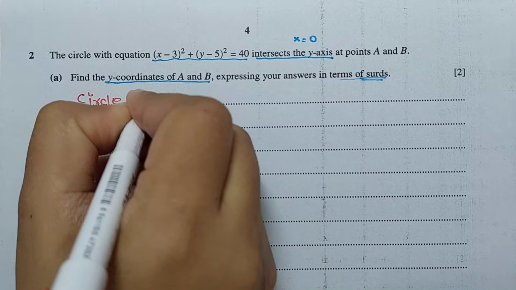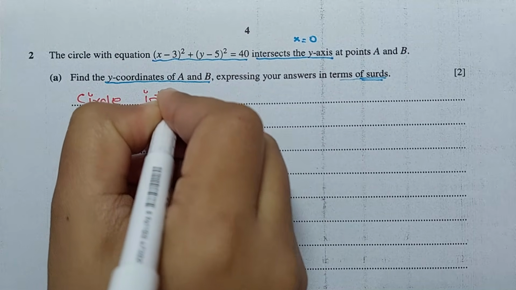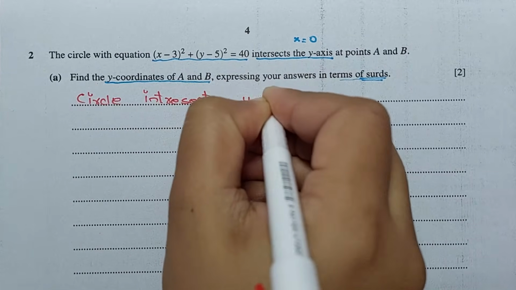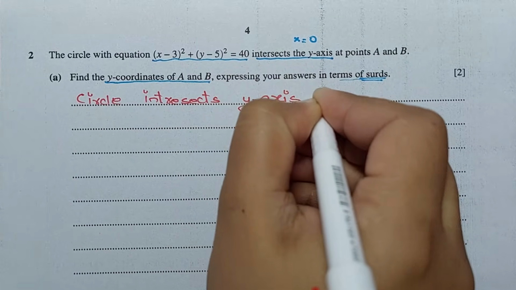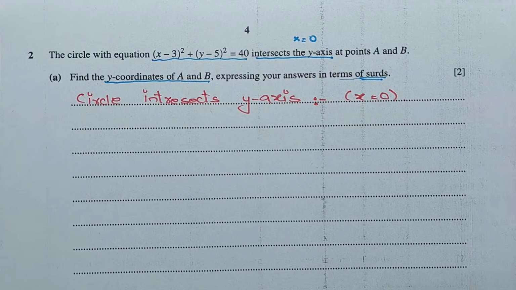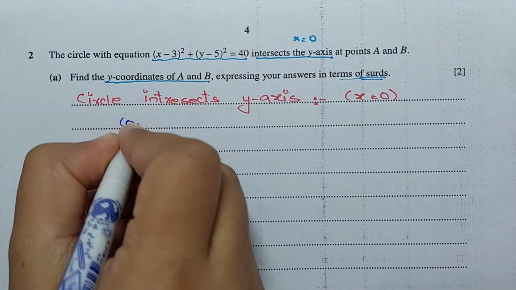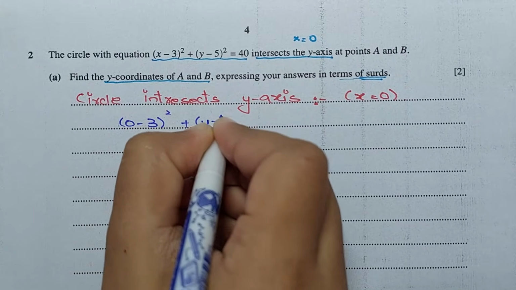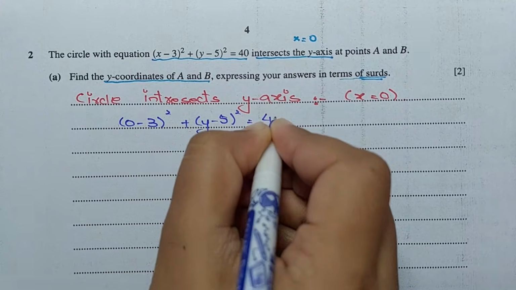It means the x component is equal to 0 in the equation of the circle. When x is 0, we have (0 minus 3) whole squared plus (y minus 5) whole squared equals 40.